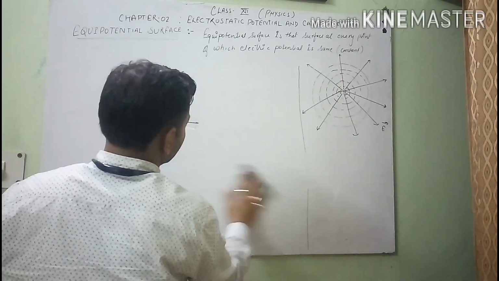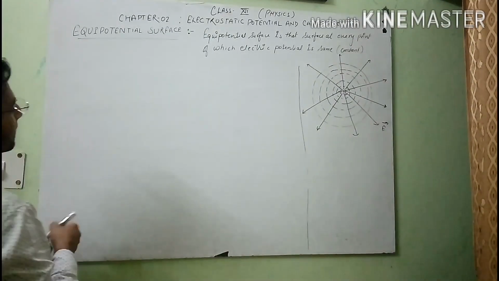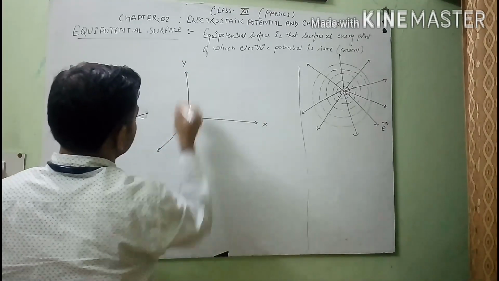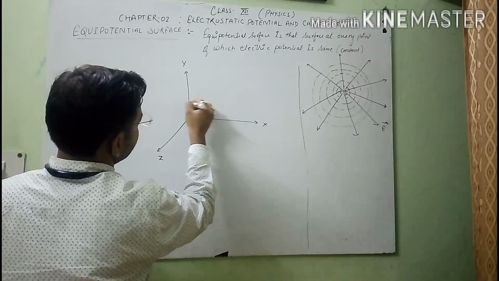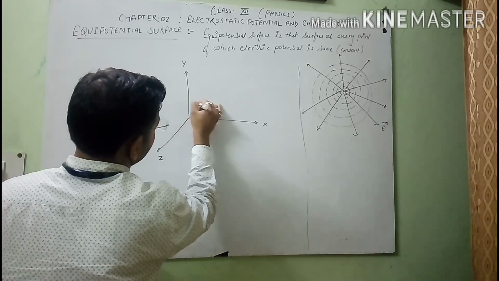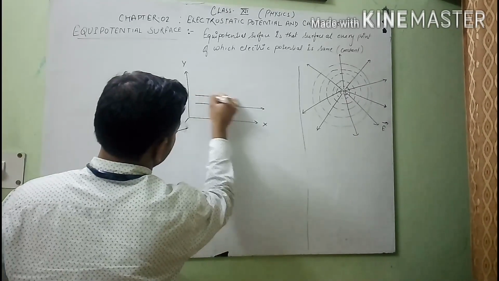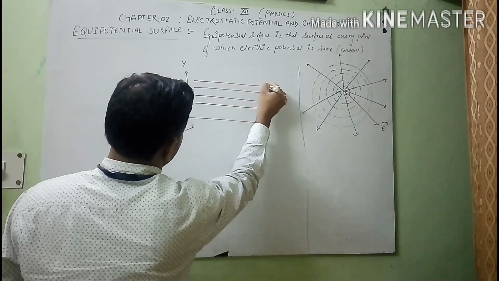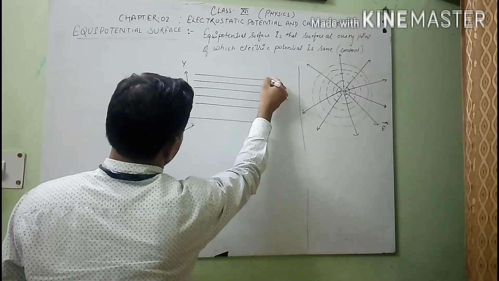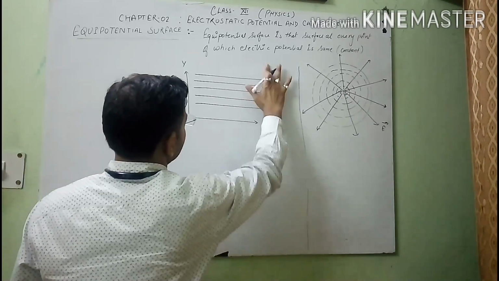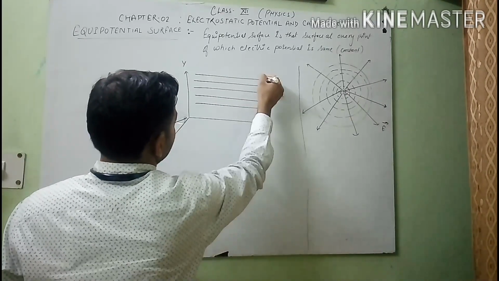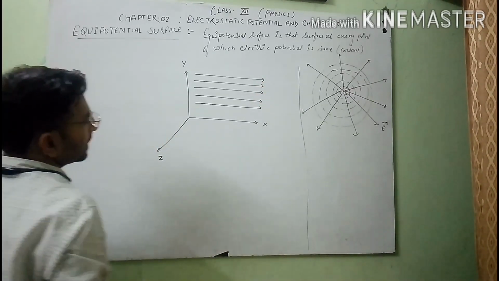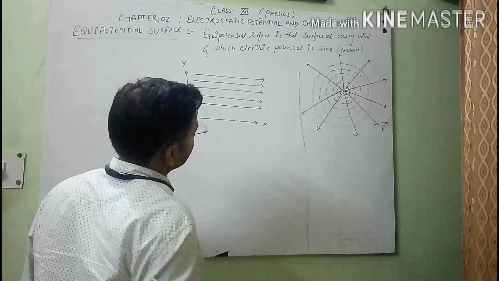If we talk about the equipotential surface for a uniform electric field, you will see that if the direction of electric field lines is parallel to the x-axis, then from the statement we discussed, the equipotential surface is perpendicular to the electric field.